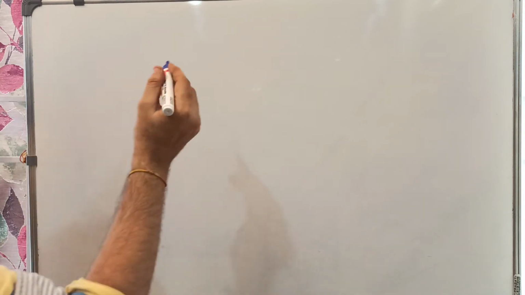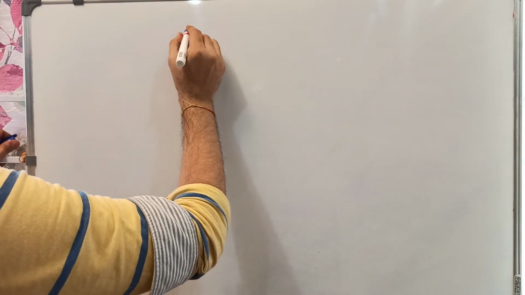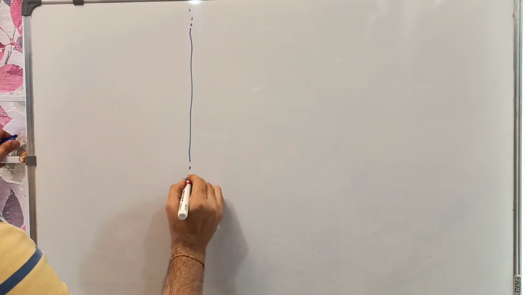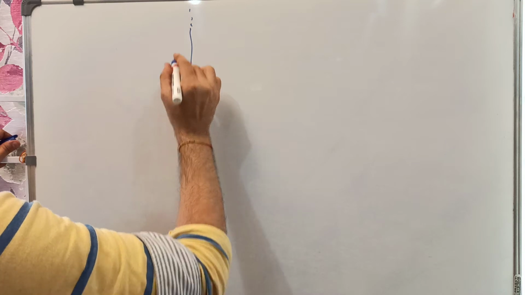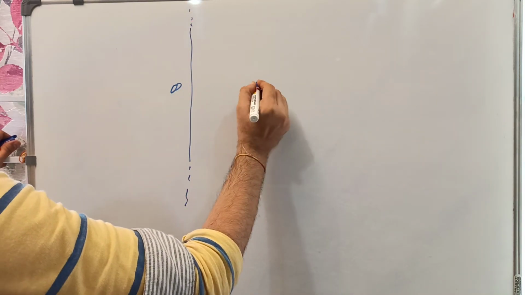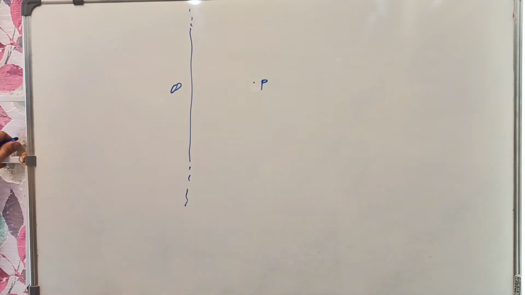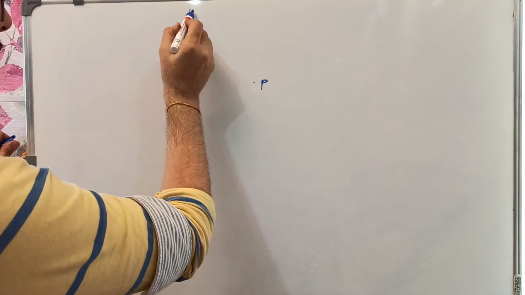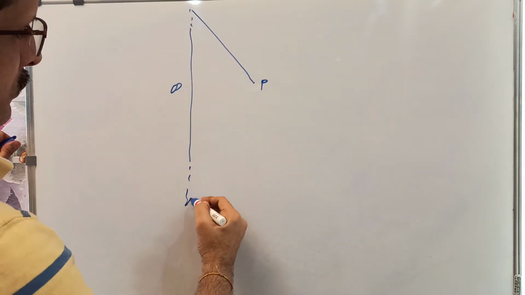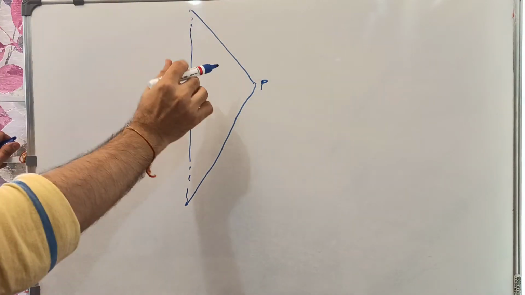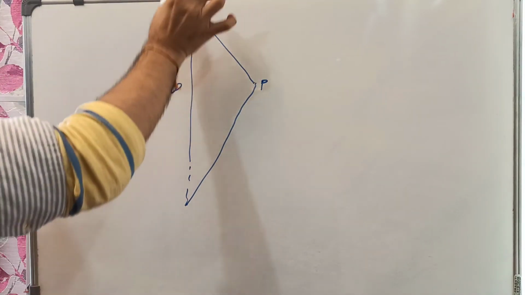Let me move on to another point, which says that this is an infinite wire. The wire extends to infinity on both sides, and we want to find the magnetic field at point P. Going back to the formula, when I say infinity, it means both ends are very far and the lines would be parallel.